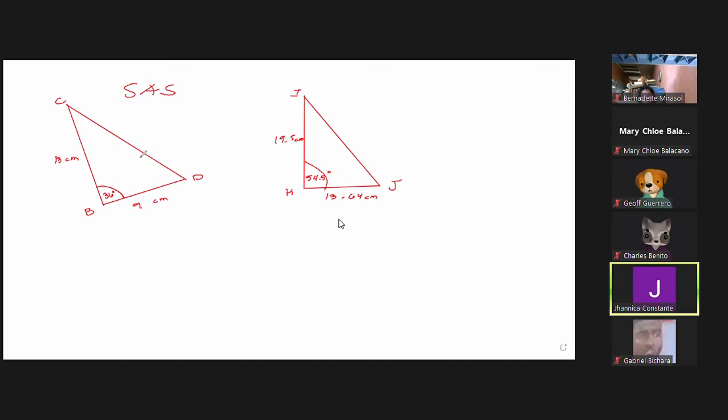So to prove, using SAS, that these two triangles are congruent, we need to identify the proportion of the given corresponding parts of the sides of the triangle and the angle corresponding to the other angle of our triangle. So we have side CB, which is corresponding to side HI.